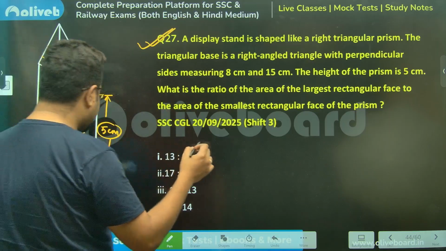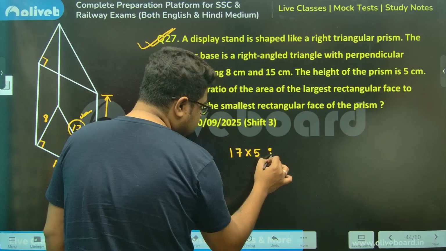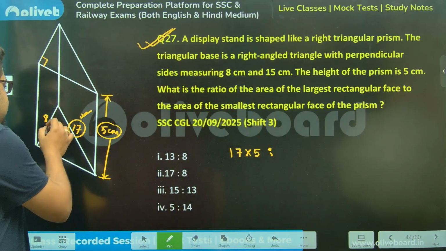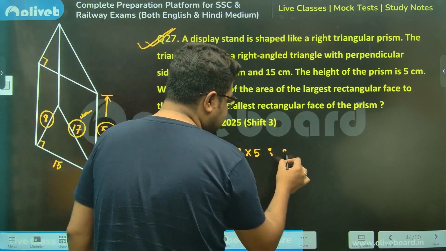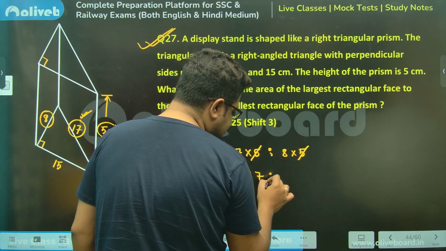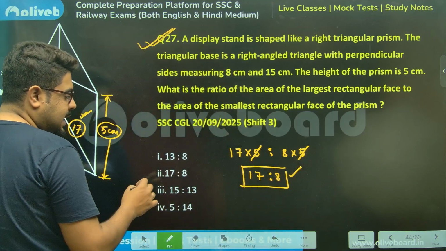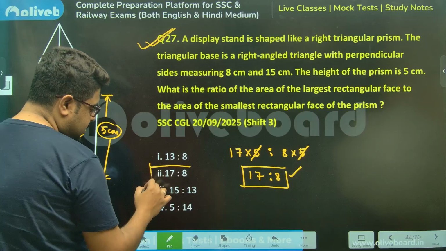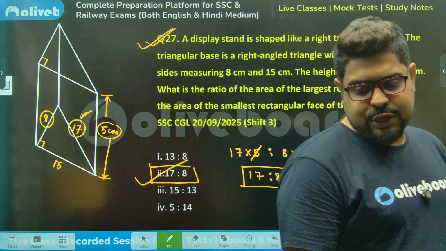So the highest will be 17 times 5, and the smallest will be wherever the length is lowest, that is 8, so 8 into 5. The 5 will cancel ultimately. This is nothing but 17 is to 8, the ratio of the areas, which is option number 2.